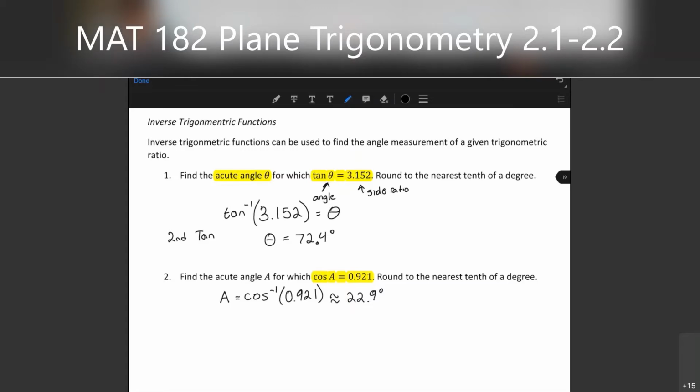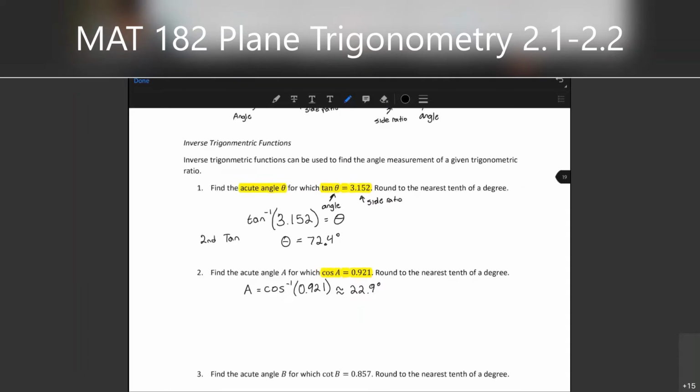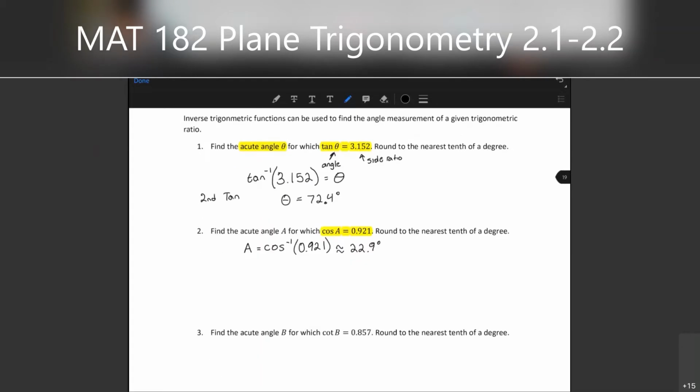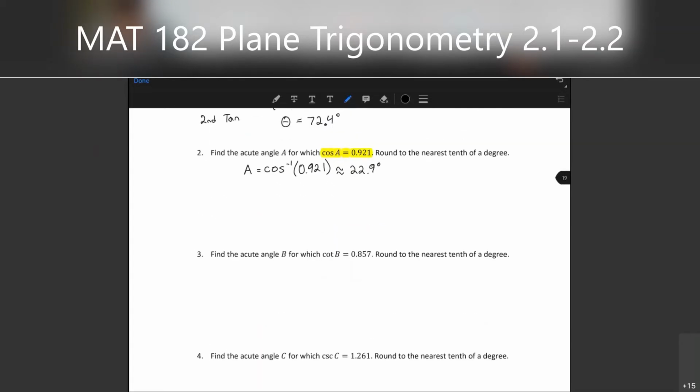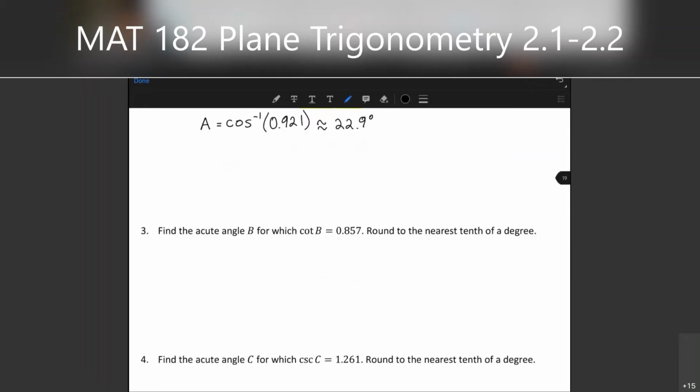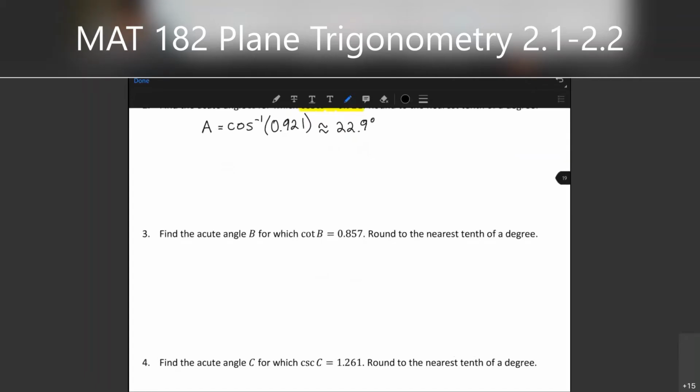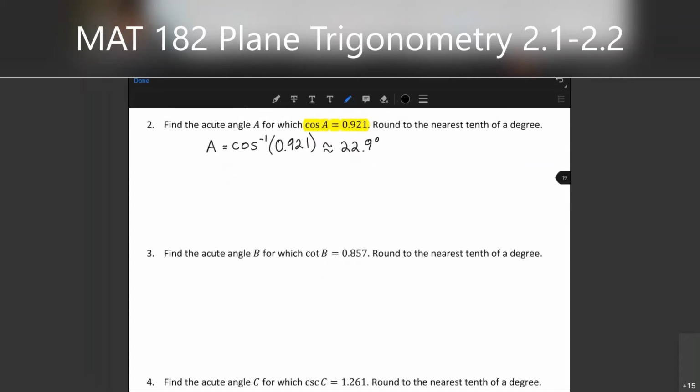All right, the next two that we're going to do need a little bit more work to solve. So we'll try to walk through these a little bit slower, starting with a cotangent function. So number 3, if I have an angle B, this is going to be a cotangent B equal to 0.857.